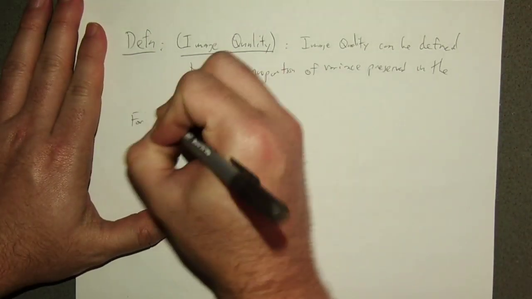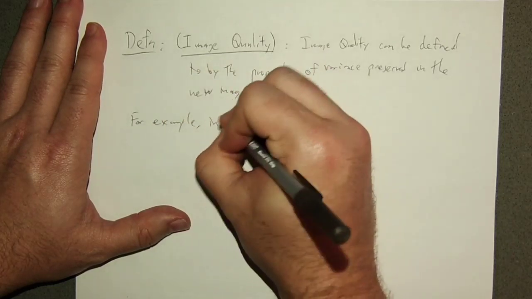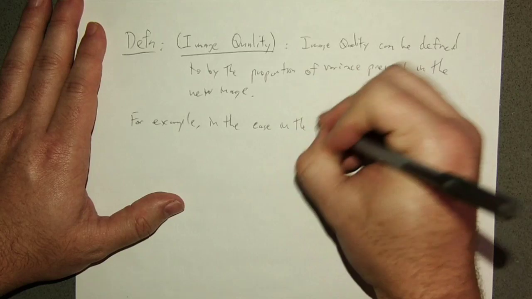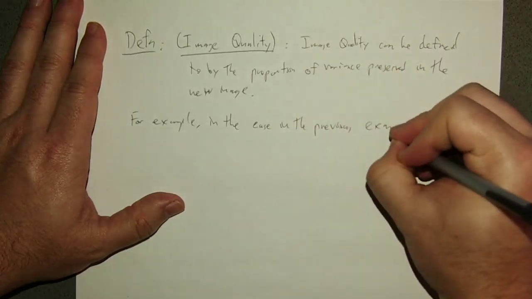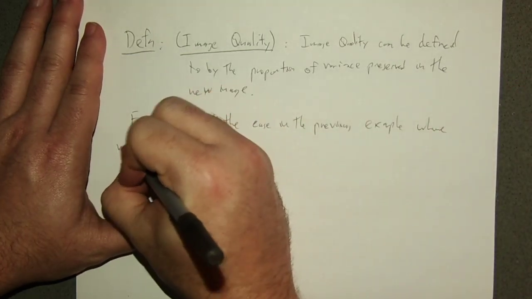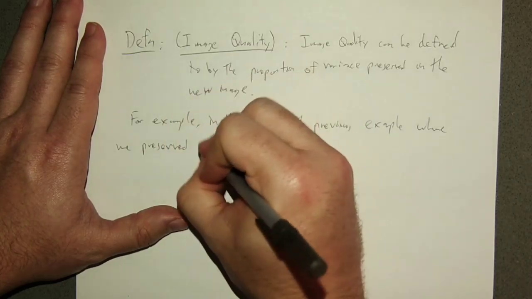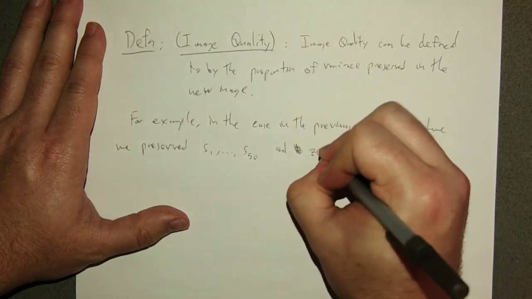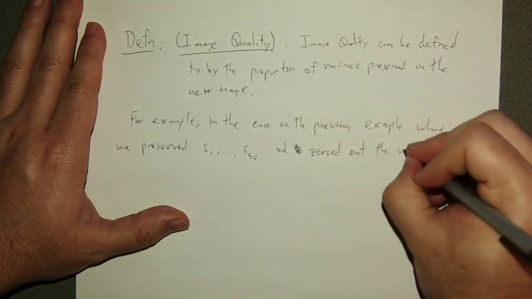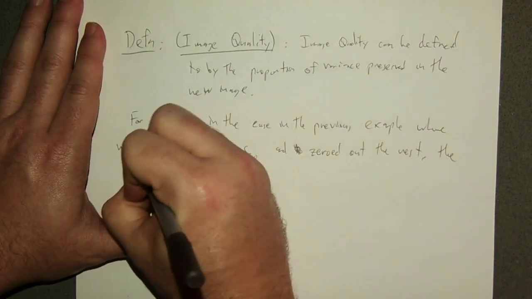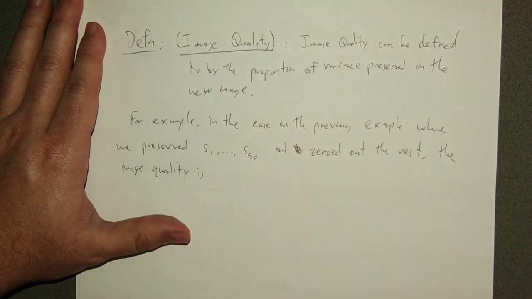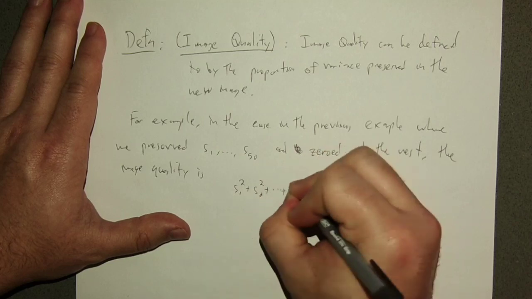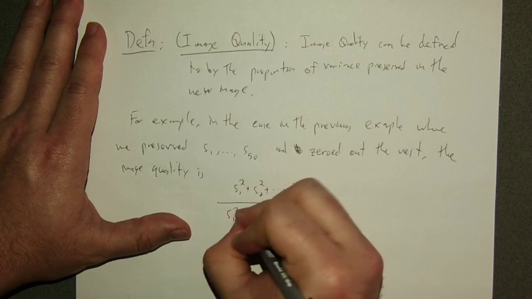So, for example, in the case in the previous example, where we preserved S sub 1 through S sub 50 and tossed, and I should say zeroed out the rest, the image quality is the sum of the squares of the first 50 singular values divided by the sum of the squares of all the singular values.